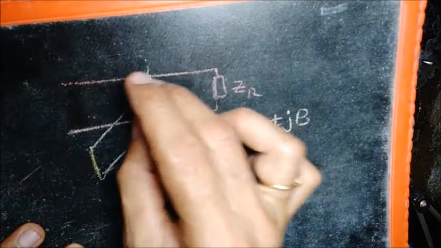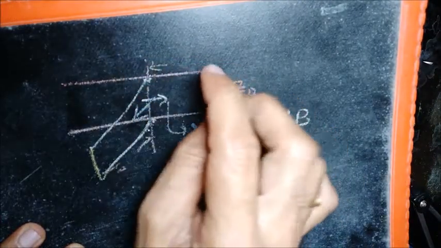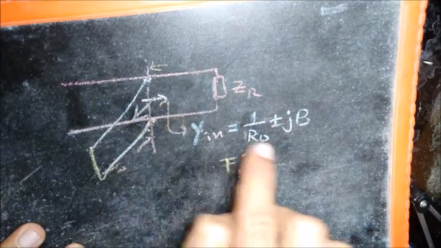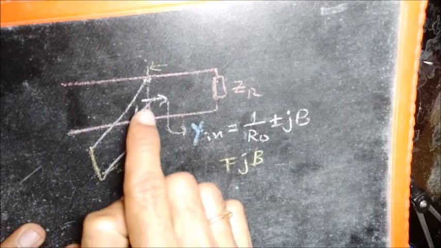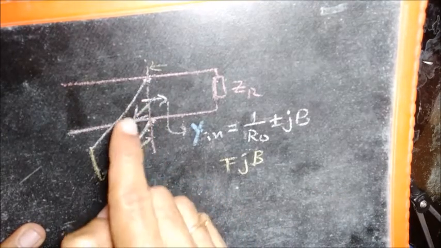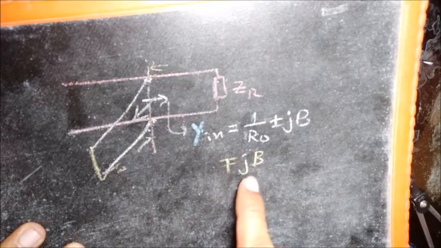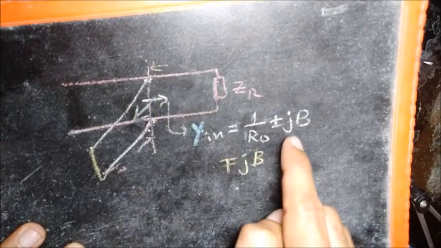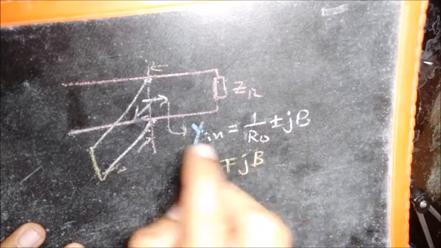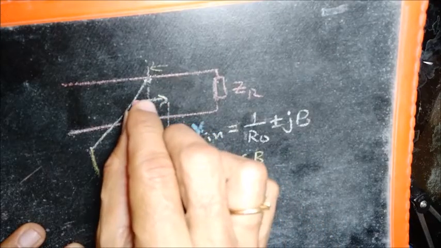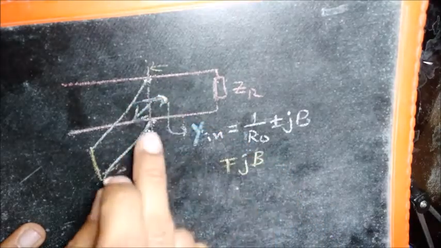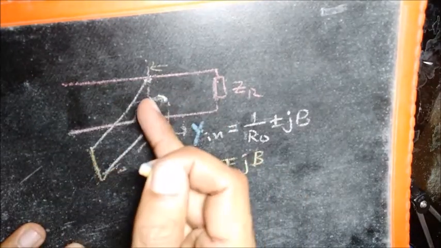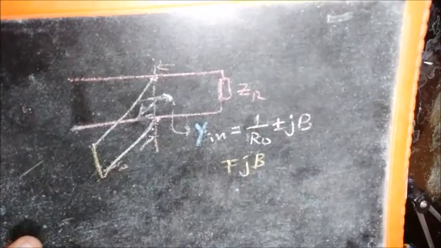So you have to connect it at the required distance so that the input admittance becomes this. And the input admittance of the short circuited stub has to be minus or plus JB, so that when you have these two in parallel, the reactive part gets cancelled and the input admittance as seen from here will be 1 by R naught, which means that the input impedance as seen from here will be R naught, and hence it will be matched to an R naught line. So this is the idea.